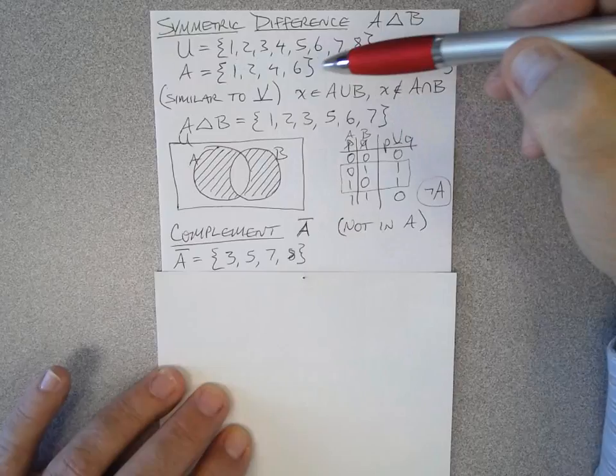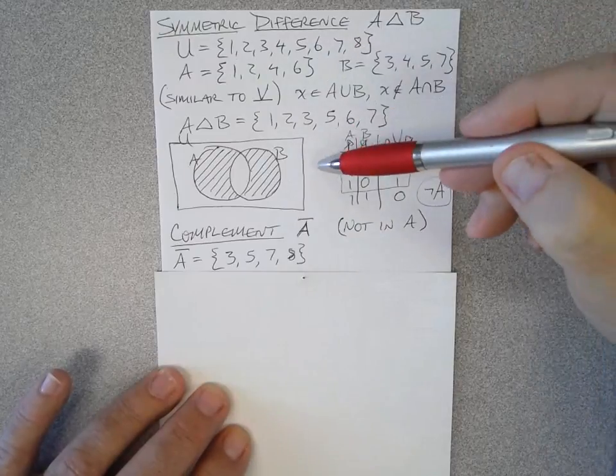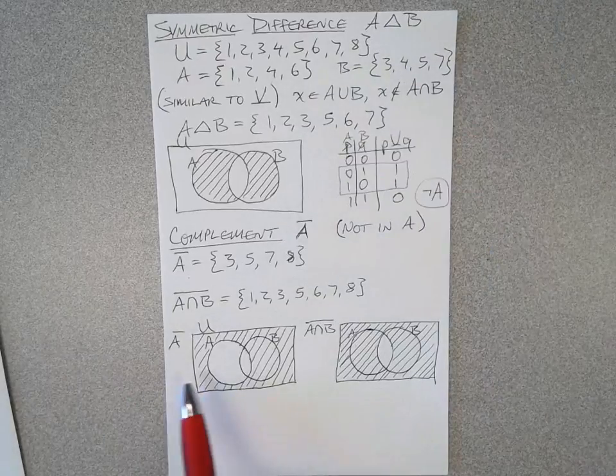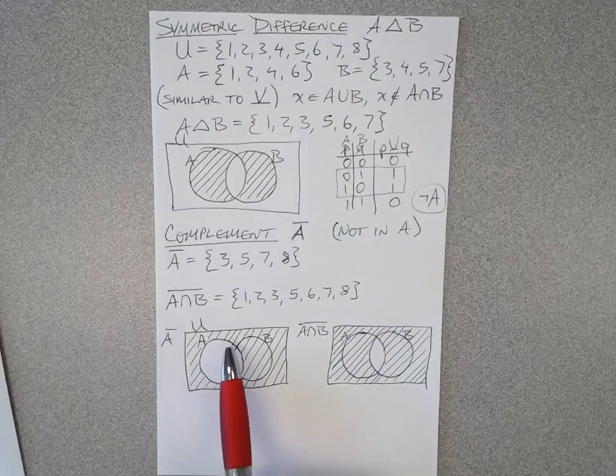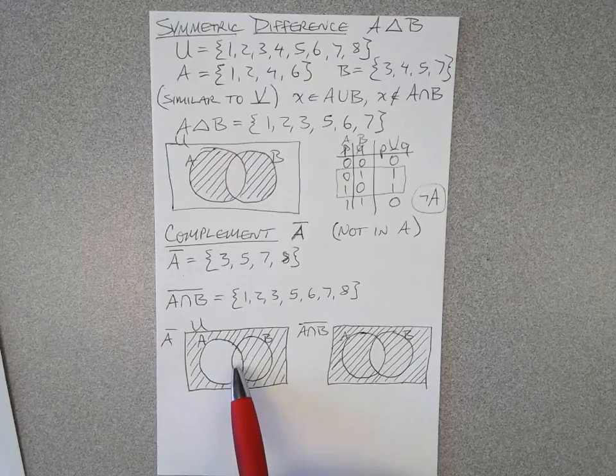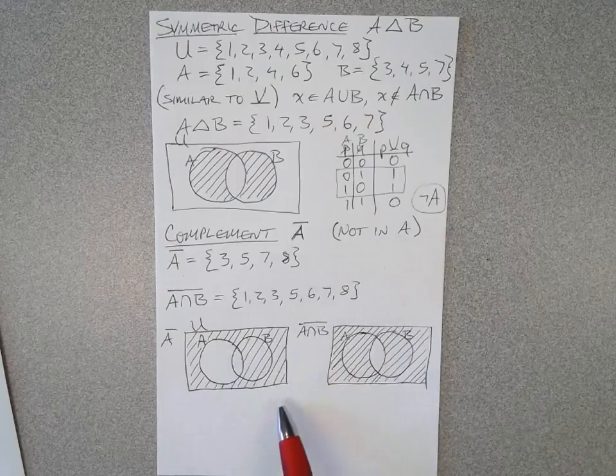And when we're shading for a complement, we're just leaving everything blank that's inside of A, and we're shading only the region outside. Okay? So you can see that we don't include this portion of B because that's in A. So everything that's not in A is what we mean by the complement of A.